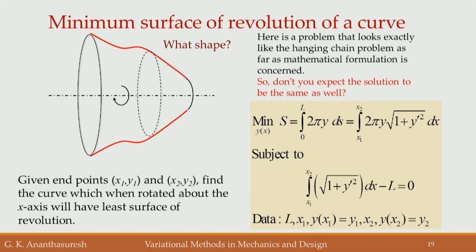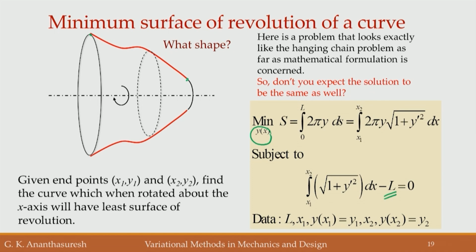You are given a shape that you have to find, which is our function, this y of x. We are given a certain length, which is this L. We want to minimize between 2 points. Let us say a point is given here and here.